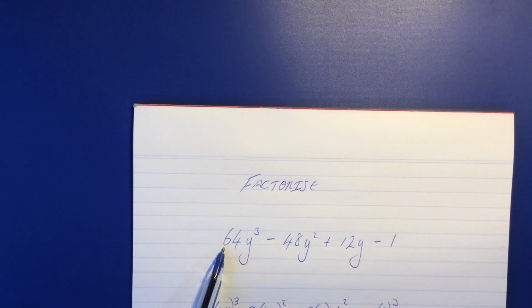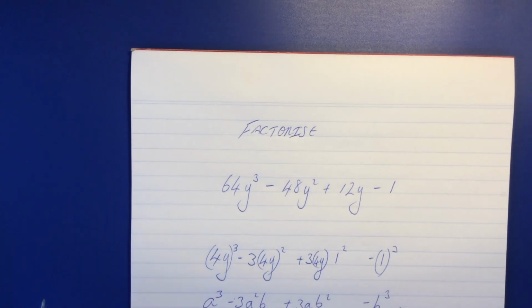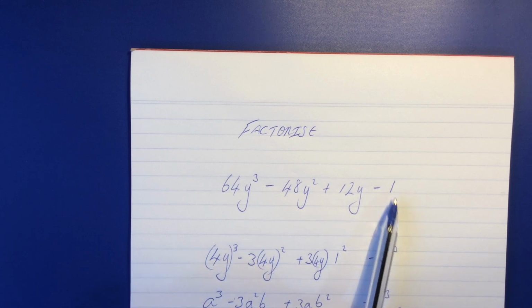But this whole expression can be broken down to this: 4y to the power of 3. 64 is 4 to the power of 3. Over here, as I said, this is not so obvious because it's 1, but if it were something like 8 or 27 or something like that, it would be more obvious that it's a cube. But 1 cubed, it is.